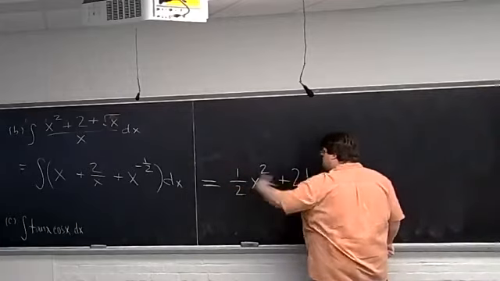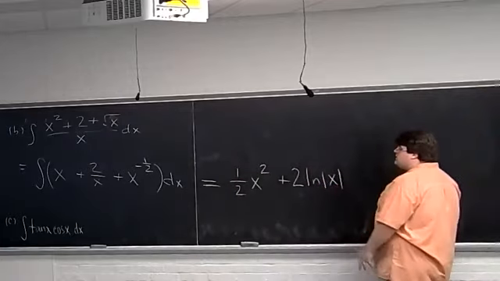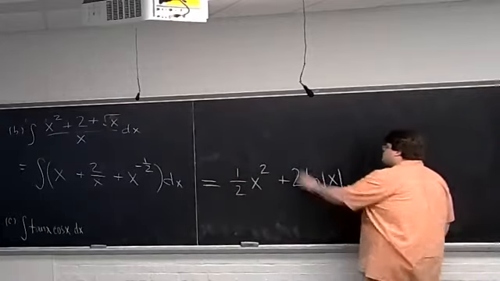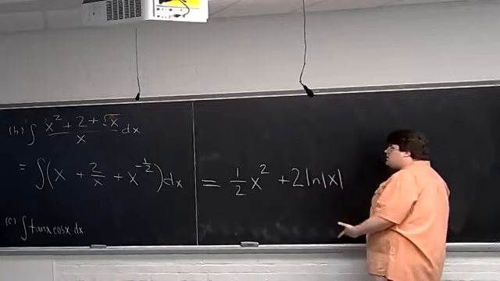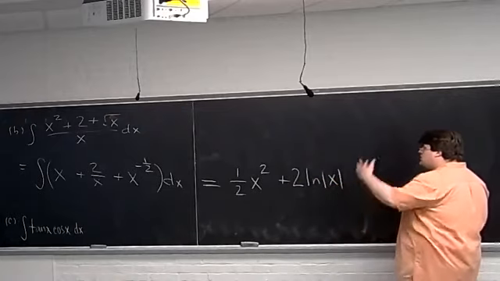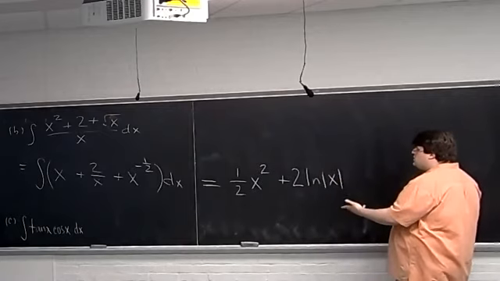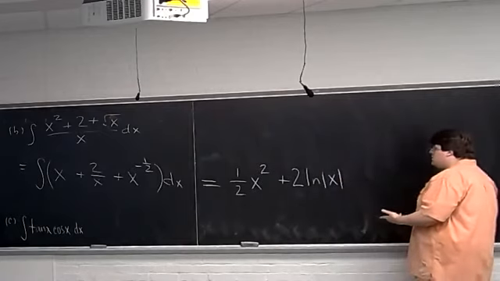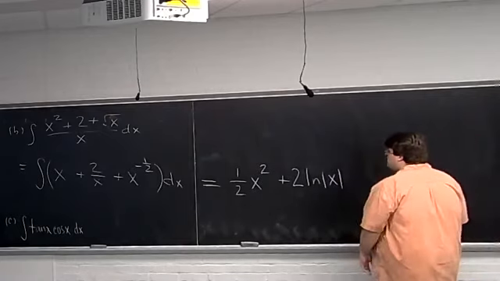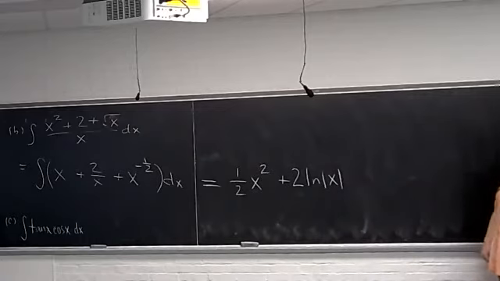So we can just throw a 2 in front. This 2 comes from part B of our properties. The 2 carries along, you're left with a 1 over x. Apply rule 3 from the indefinite integrals. Any questions about that second piece?